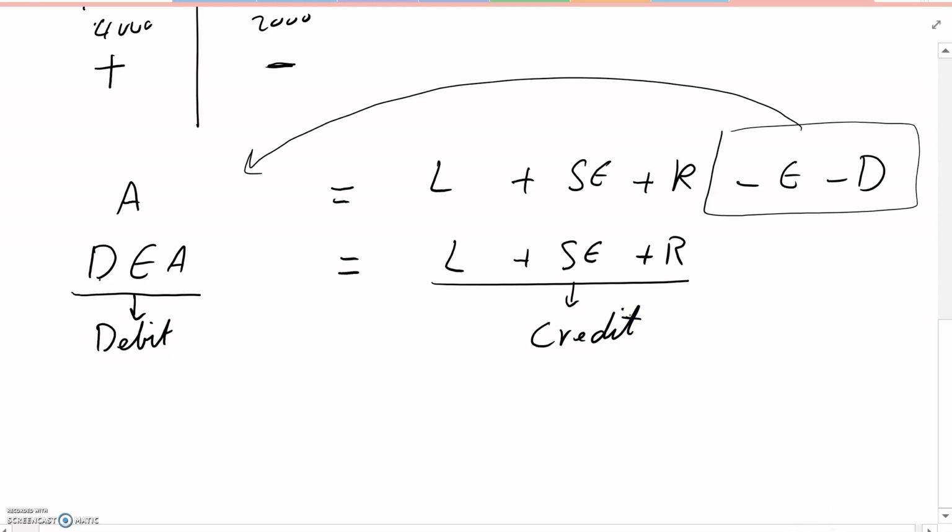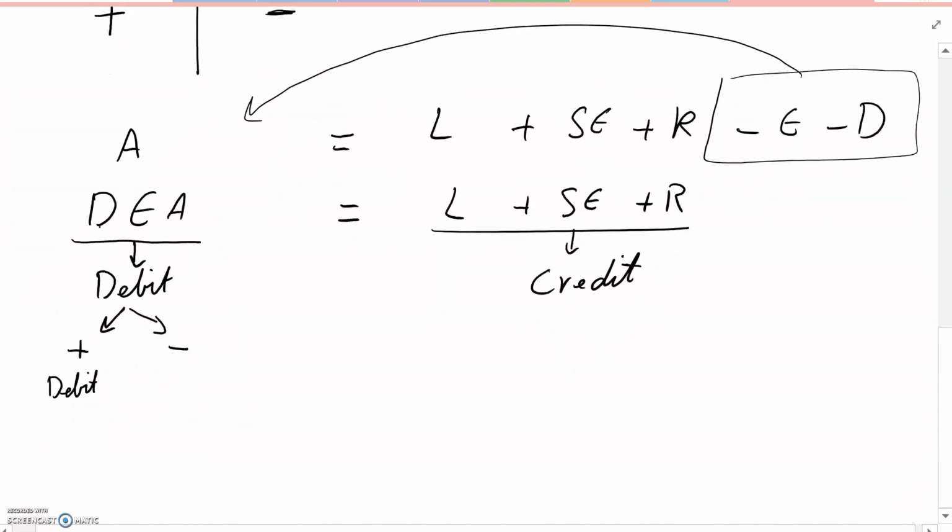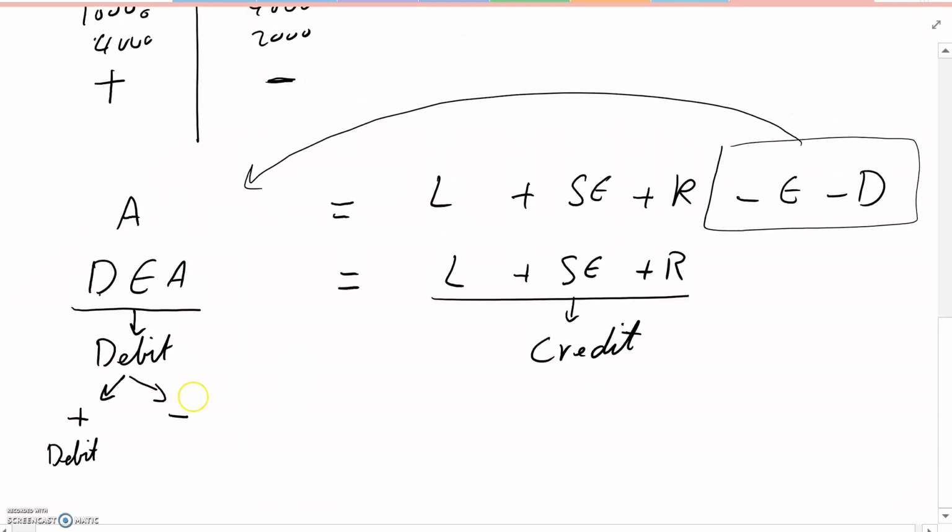If we have an account like cash, which is an asset, it increases. Anything which increases, increases on its main side or its nature. So the assets are debit. In order to increase an asset, we're just going to put it in the debit side. If assets decrease, we'll take them to the other side, which is the credit side. So here we have credit.